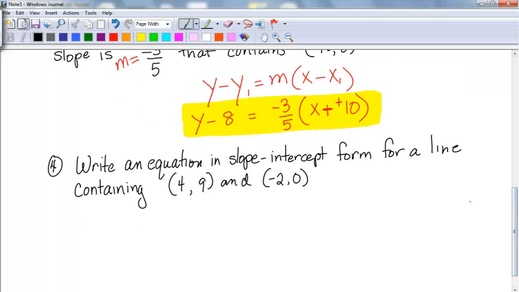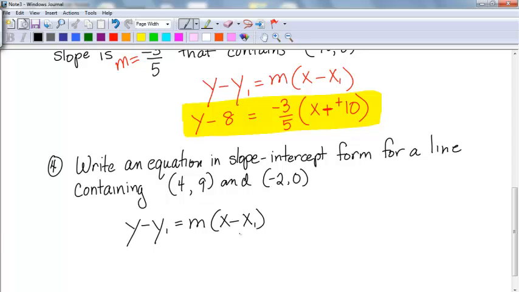Okay, so on this one, I would start out in point-slope form of a line. So y minus y sub 1 equals m times x minus x sub 1. We have plenty of points. You need two things for a line. You need a point and you need a slope.